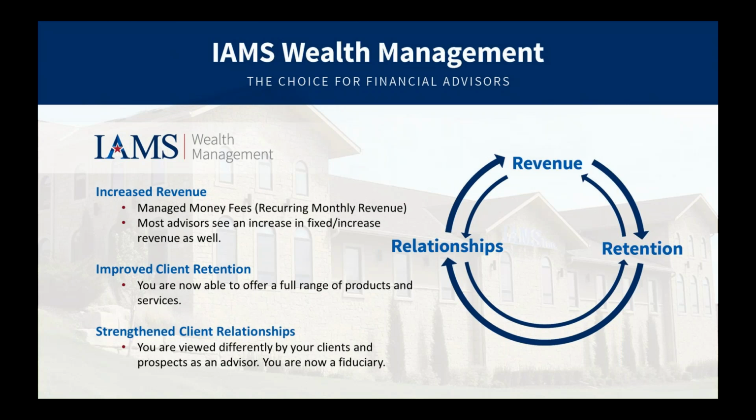This is put together by Mike Hansen and Charles Herring Jr. It helps you increase your revenue, improve your client retention, and strengthen client relationships. If you're considering getting your Series 65 or looking at the RIA, please give them a call directly. They'll be able to help you and answer any questions with regards to that line of business.